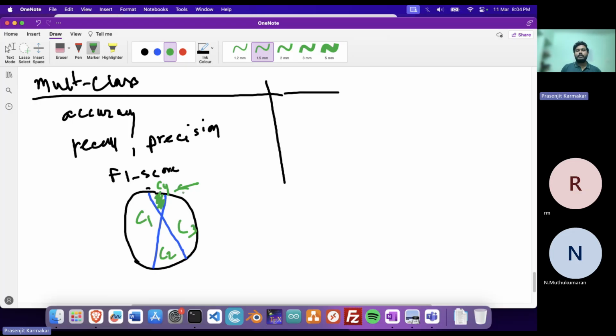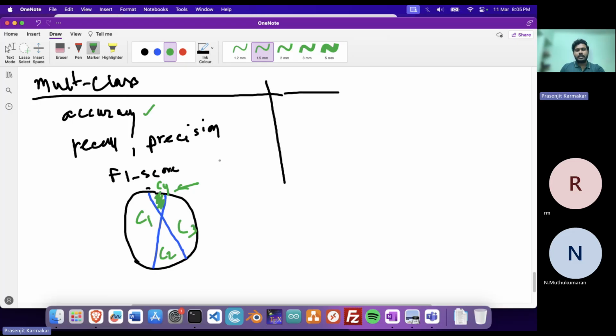So to deal with that, there are actually three ways you can calculate precision, recall, and F1 score. Accuracy is directly computed, because it does not incorporate weightage; it is just how many times it predicts correctly.